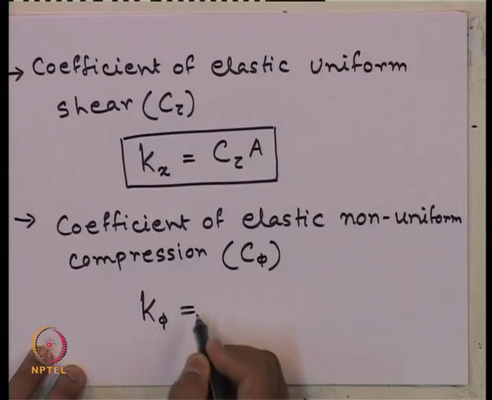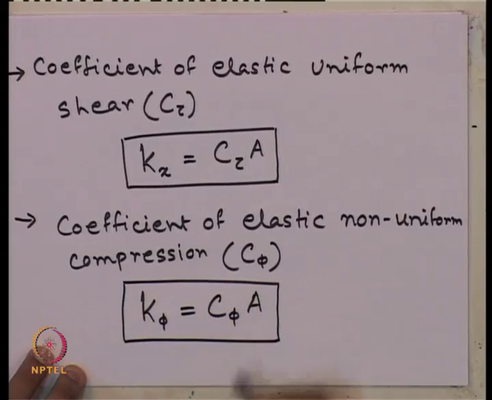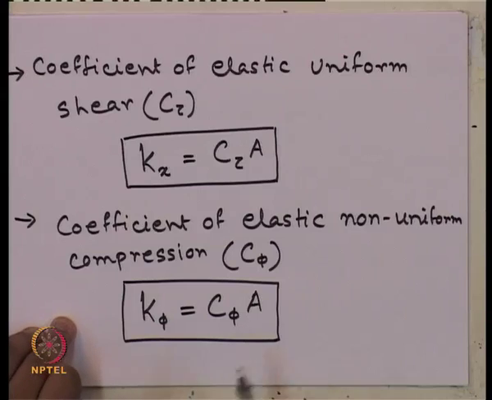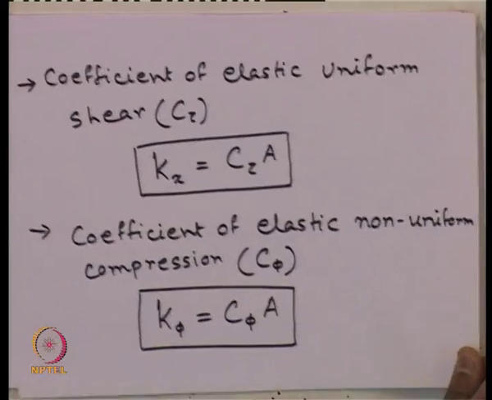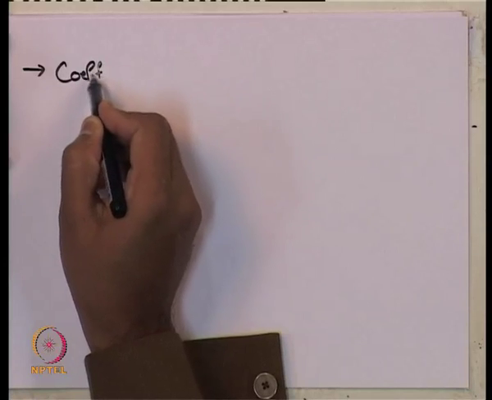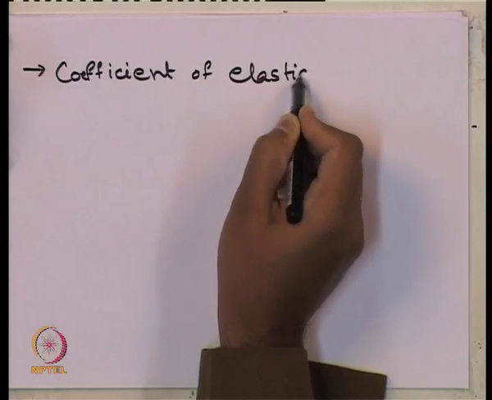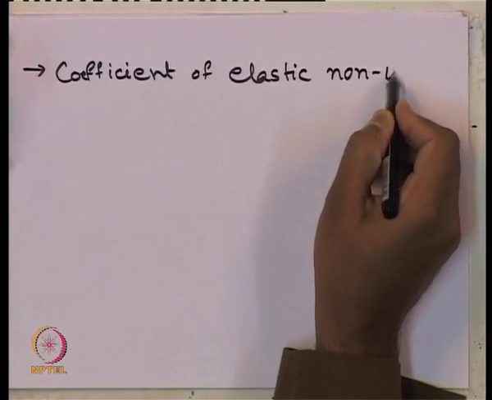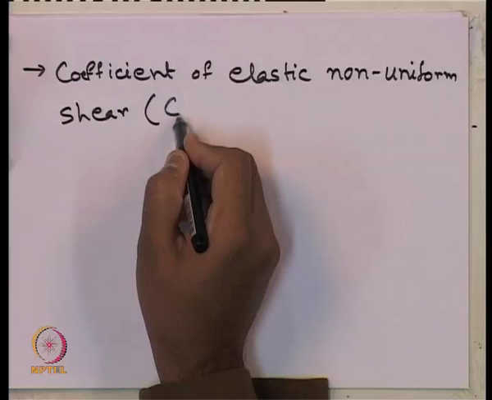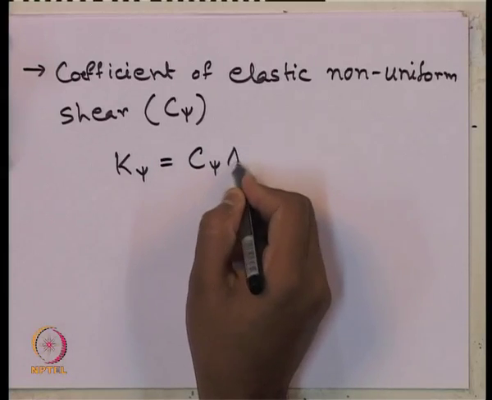K phi is related to this as: K phi is calculated using the coefficient of elastic non-uniform compression times the area projected, whereas the coefficient of elastic non-uniform shear is denoted by C psi and K psi is calculated as C psi times A.